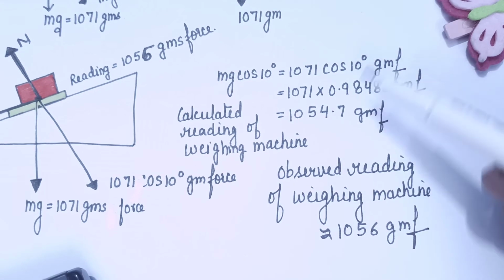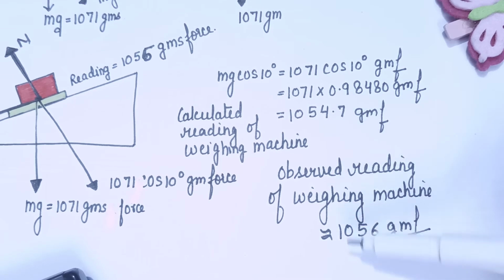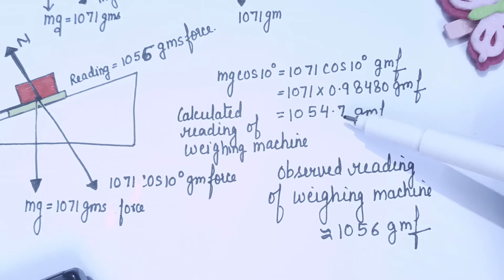So within the allowed error limit, that is 10%, we can see that the calculated reading of the weighing machine and the observed reading of the weighing machine are the same.